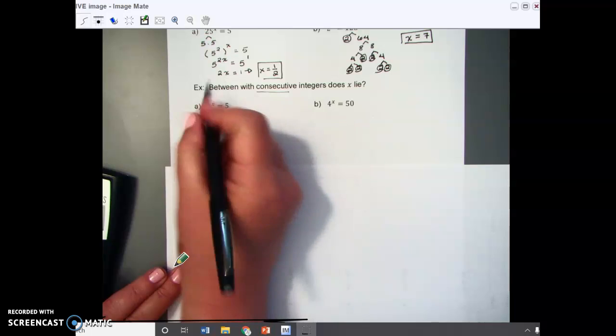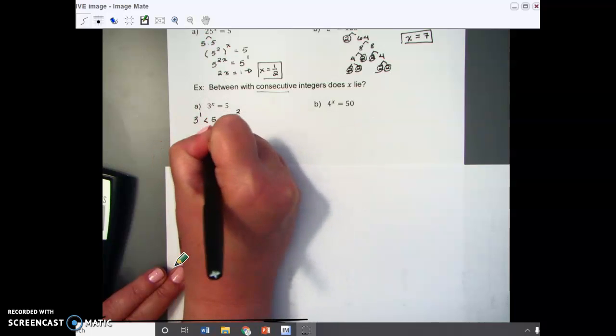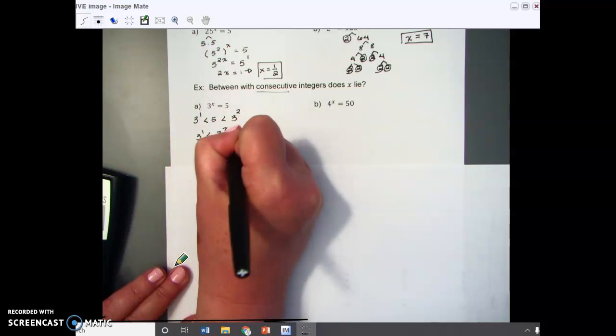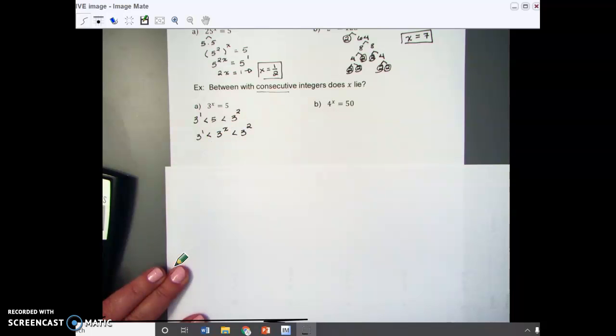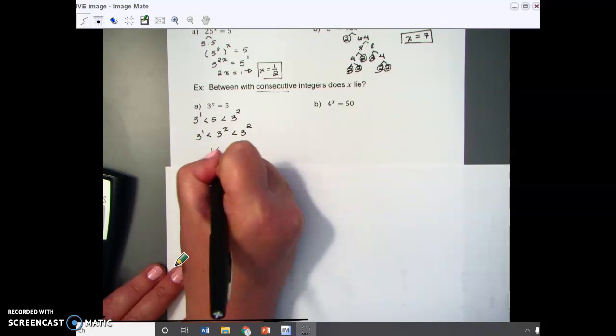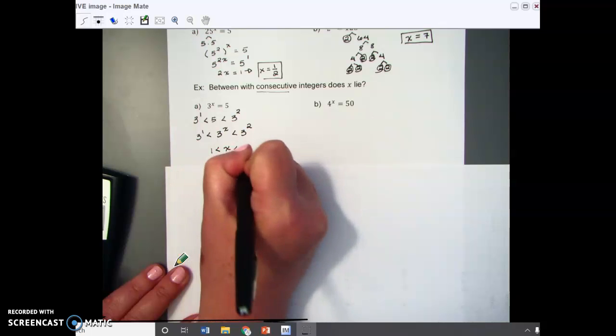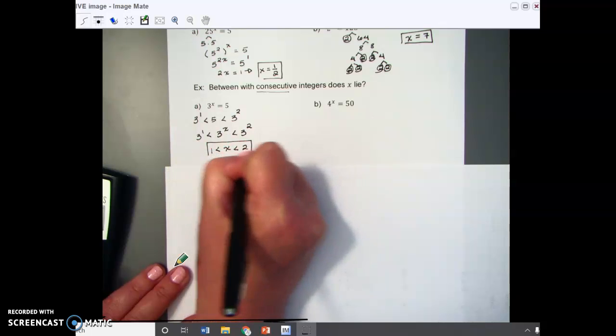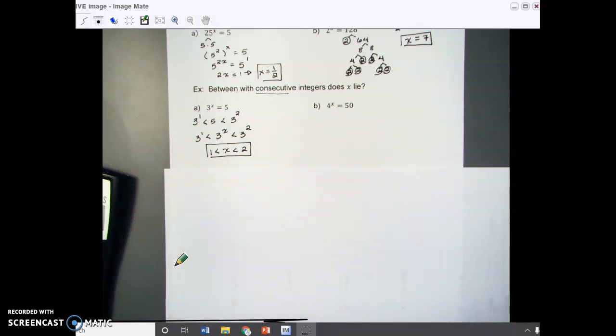So if I transferred this and said 3 to the first is less than 3 to the what is less than 3 to the second, do you see that now that all the bases are the same, I know that 1 is less than x is less than 2. So that means that x has to fall somewhere between 1 and 2. And we'll work on approximating that answer on the next day.